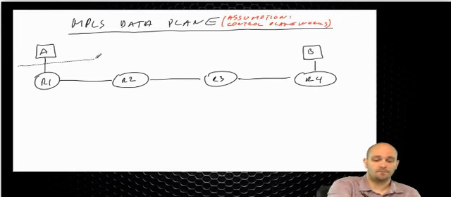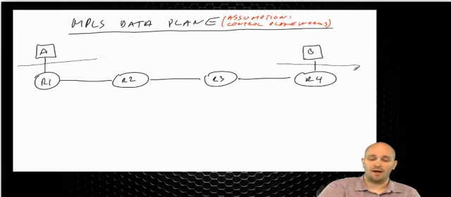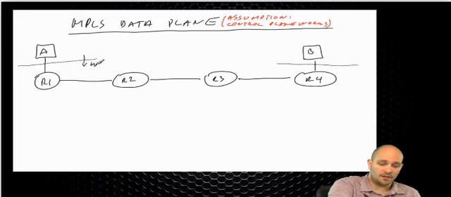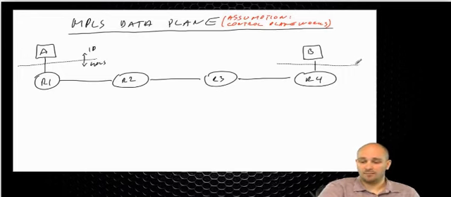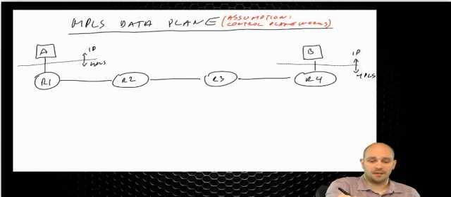So this here is the boundary of my MPLS network. What I have here below is MPLS, and here above I have just a regular IP network. So the same thing here. This is where the IP network is, and this is where my MPLS network is.